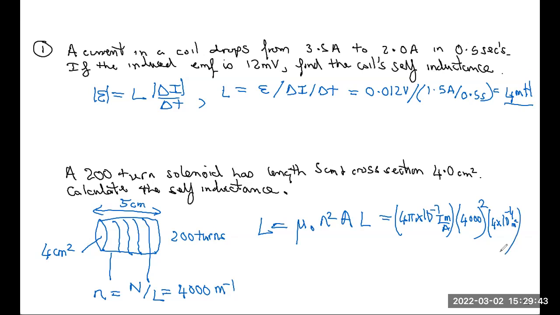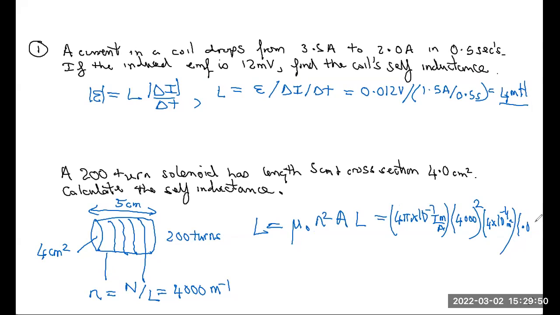And then finally, the length of the solenoid is 0.05 meters. So if I multiply all these quantities together, I've already worked this out, obviously, 0.40 millihenries. That's 4 times 10 to the minus 4 henries.